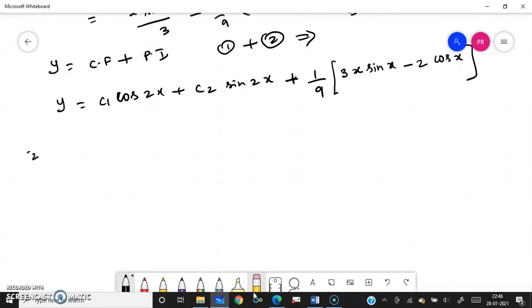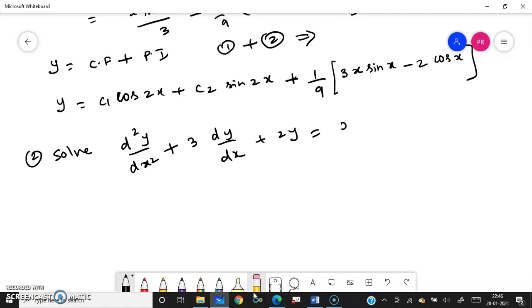Okay, second sum. Solve d square y by dx square plus 3 dy by dx plus 2y equal to x e power x sin x. So what is the solution here?